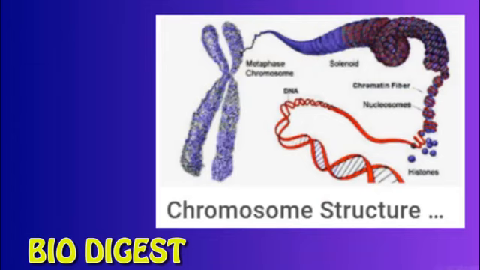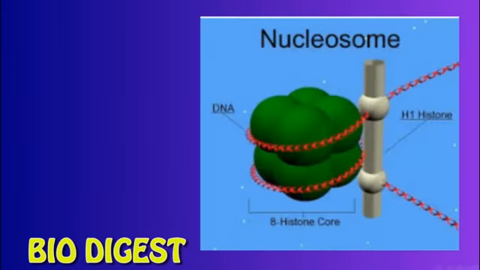The chromatin material that constitutes the fibre is formed of two substances: 40% DNA, that is deoxyribonucleic acid, which is the genetic material, and about 60% histones, a particular type of protein. The DNA strand winds around a core of 8 histone molecules. Each such complex is called a nucleosome. A single human chromosome may have about 1 million nucleosomes.